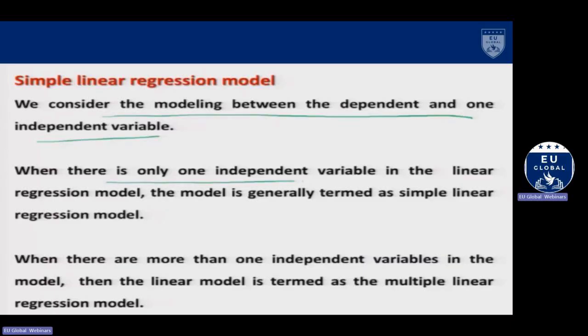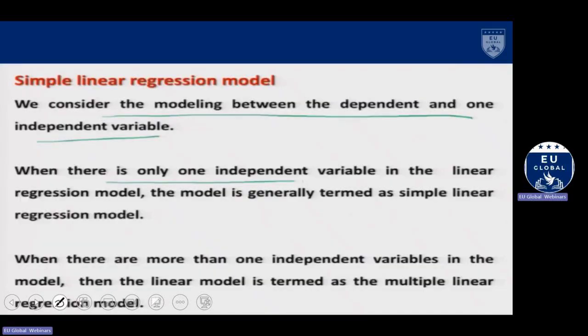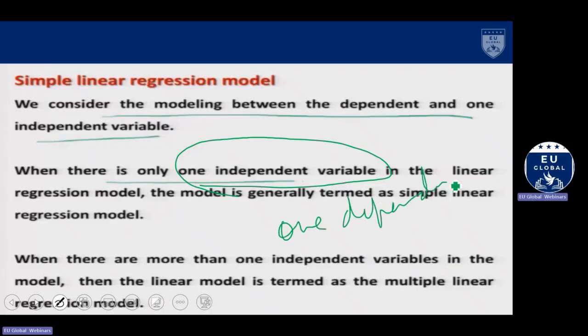When there is only one independent variable in the model, it is termed simple linear regression. There is one independent variable and one dependent variable.